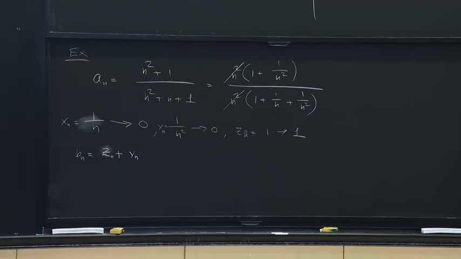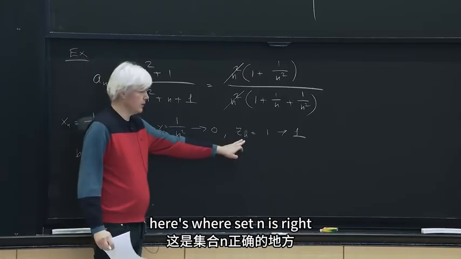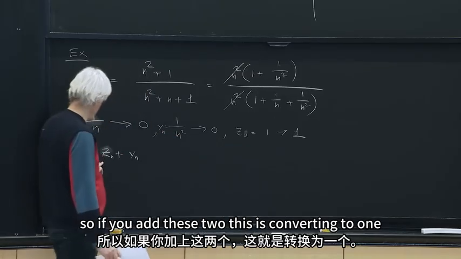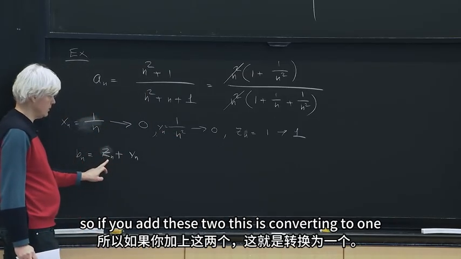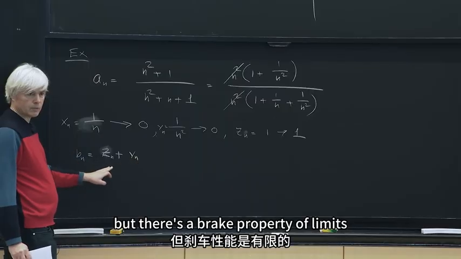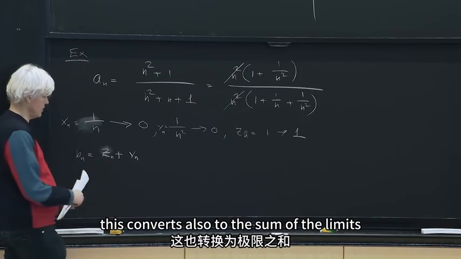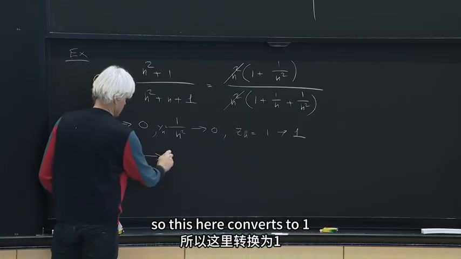Here is what yn is, here's what zn is. If you add these two, this converges to 1 and this converges to 0. By the algebraic property of limits, this converges to the sum of the limits, so this converges to 1.